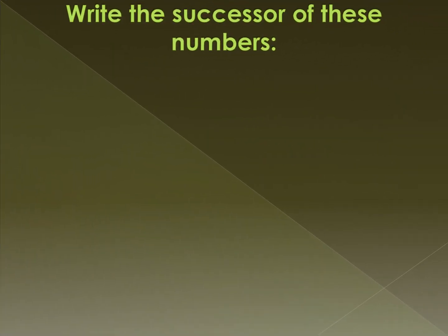Now let's try to solve some examples. Let us try to write the successor of these numbers. You can try to work this out in your notebooks, children. So let's look at the first number. Write the successor of 379. So again, what is a successor? A successor is the number that comes just after a particular number.